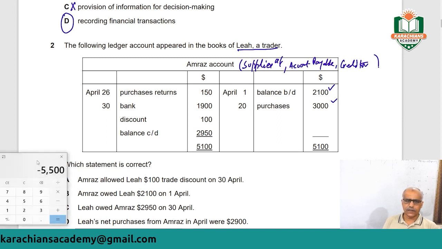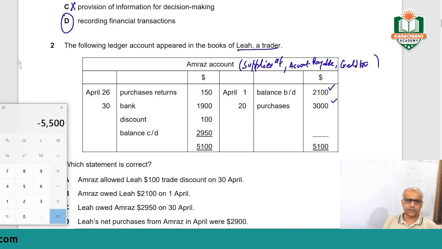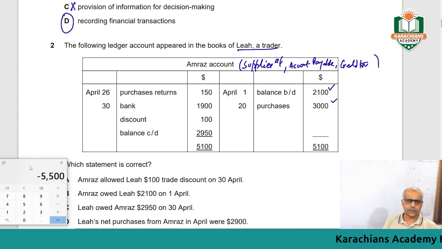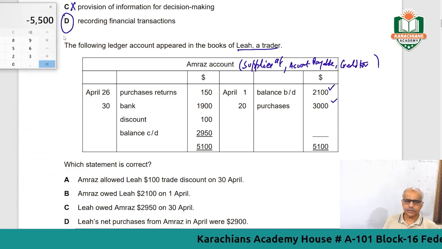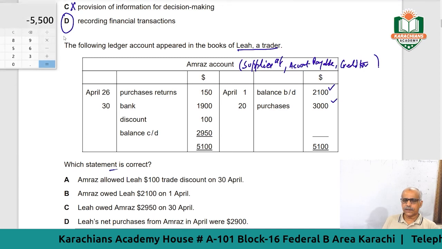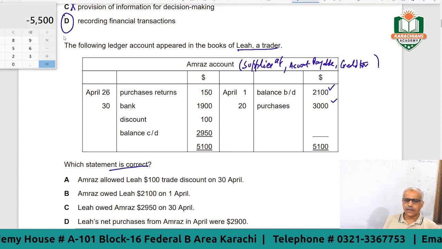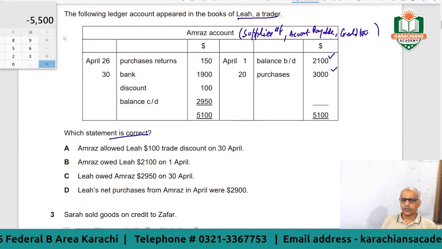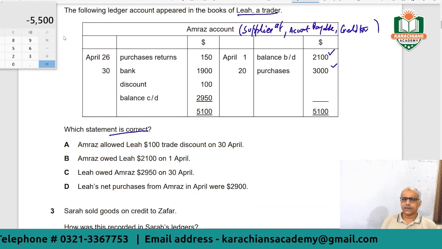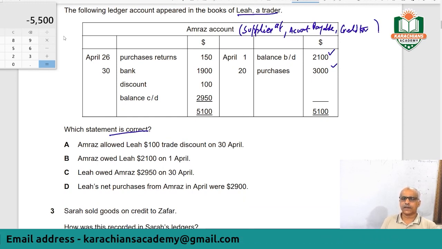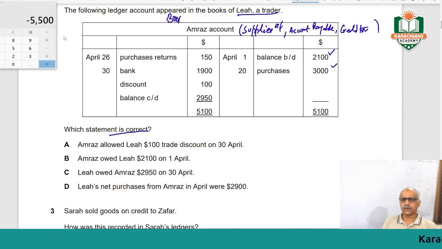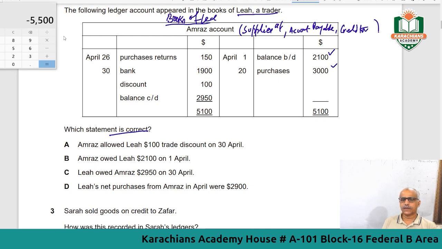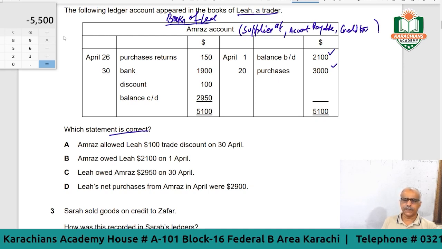So what is required? Which statement is correct? So you see, this is Amre's account in the books of Lee. He's a trader, he has to pay.